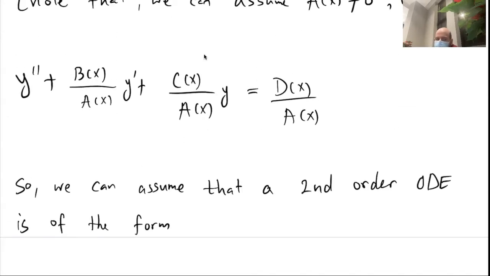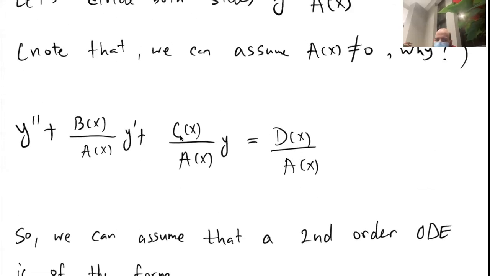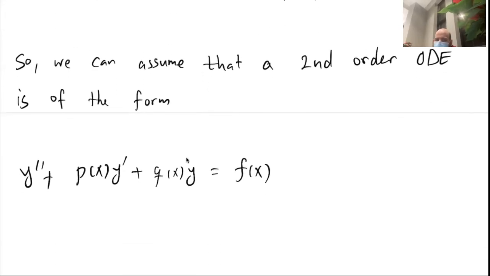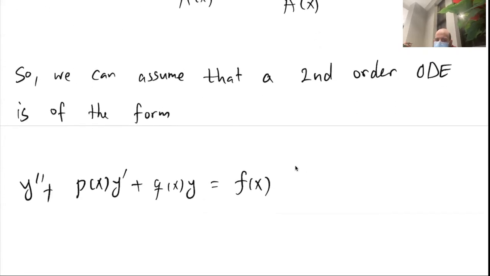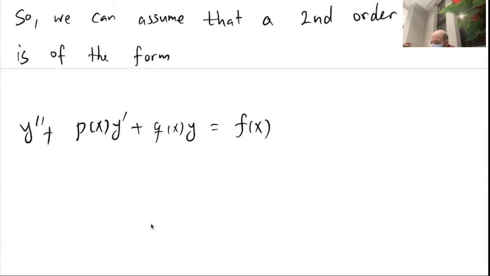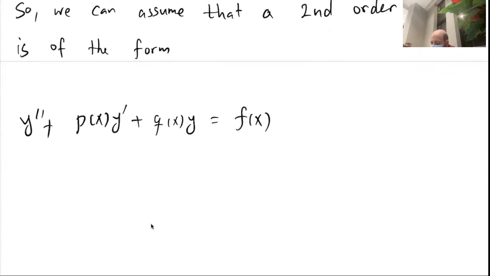If I call this term b of x over a of x, p of x, this term c of x over a of x, q of x, and this term d of x over a of x, f of x, then we'll have an equation of this form. So we can assume that the general form of a second order ODE is an equation of this form.